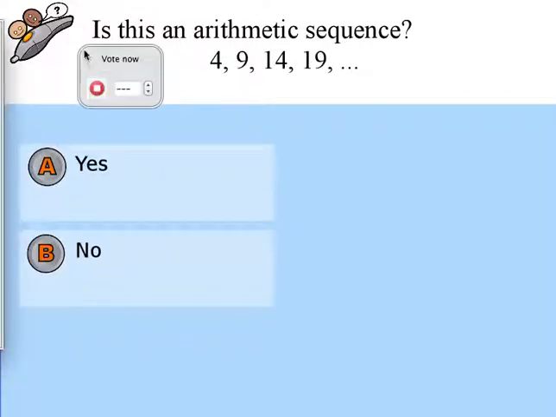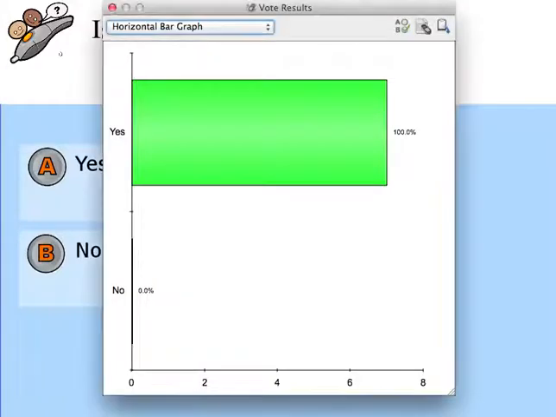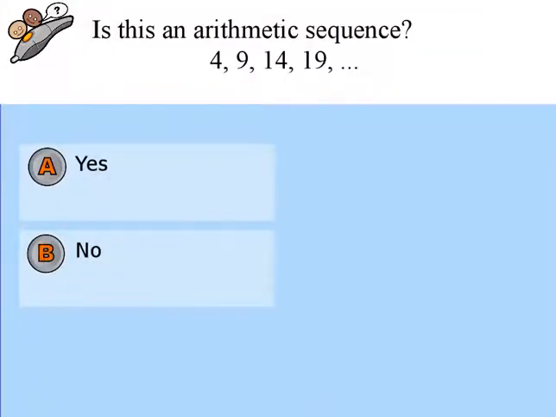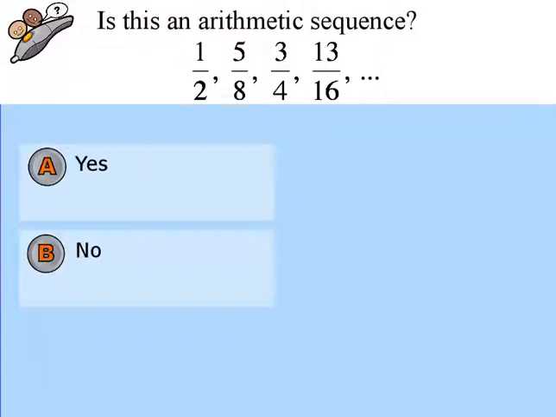Is that an arithmetic sequence, yes or no? Yes, nice job. What are you doing every time on that one? You're adding 5. Okay, so that's how you identify if it's an arithmetic sequence or not.